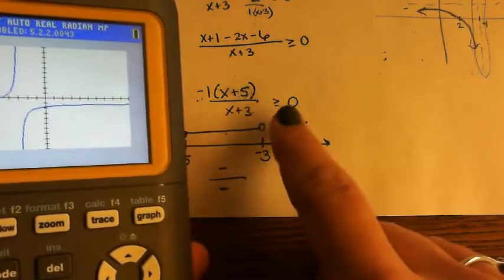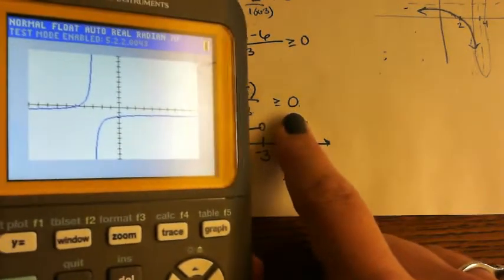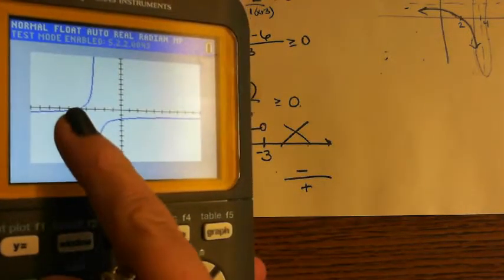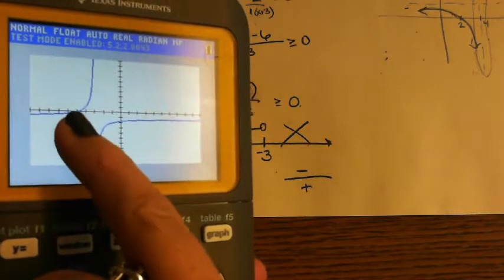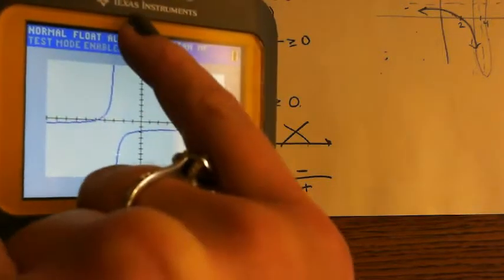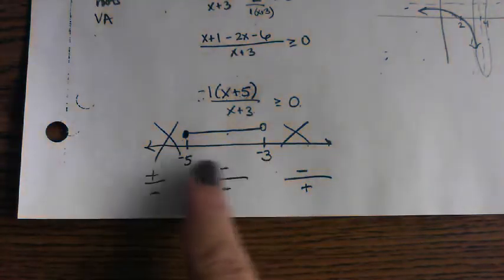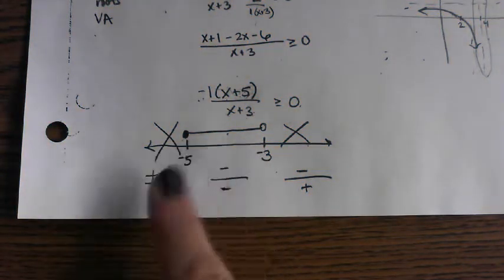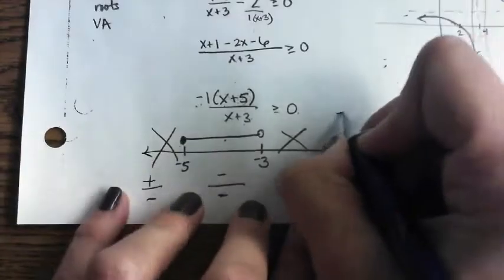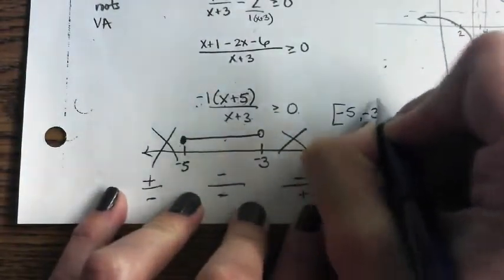So essentially we're looking for where was this graph positive? Just from -5, yes? Up until but not including -3. And that's what we got, right? Because -3 was the asymptote. So that would be from -5 with a bracket to -3 with a parenthesis.